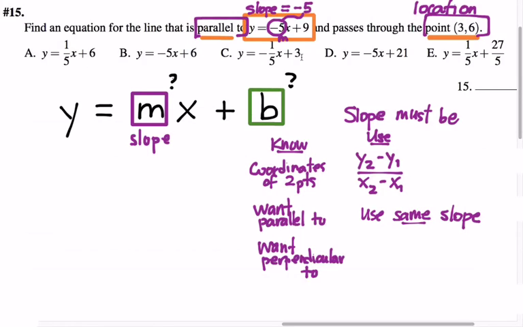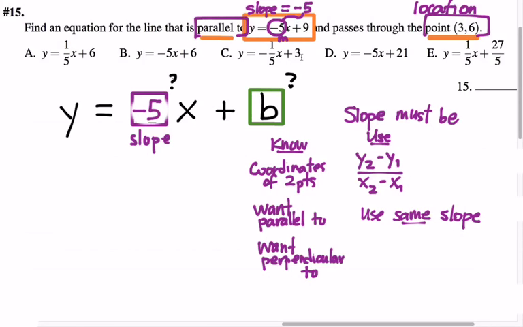So without doing any real computation, we have read the slope of our original line off of the statement of the problem to be negative 5. And because we want a parallel to it, we want our line to have that same slope as the original.